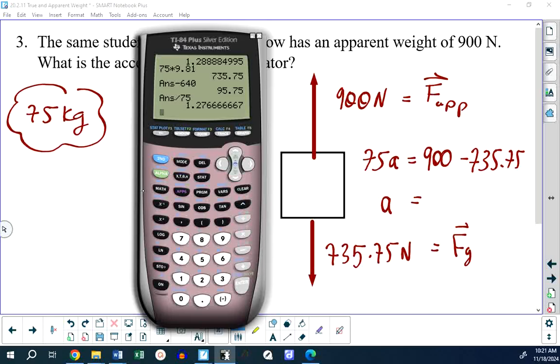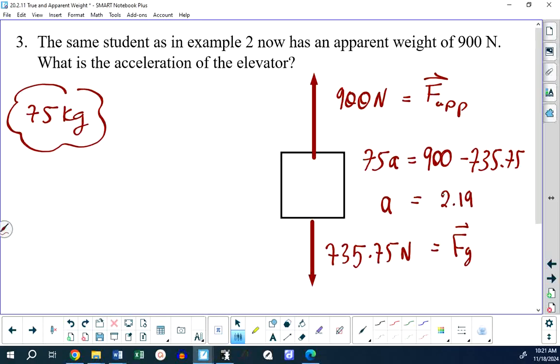We're taking the bigger minus the smaller force that's opposing it and dividing by the mass. That gives 1.19 meters per second squared. So once again, we happen to get a positive number. Is that why it's up? No, it's up because when we look at the diagram, the force up is more than the force down.